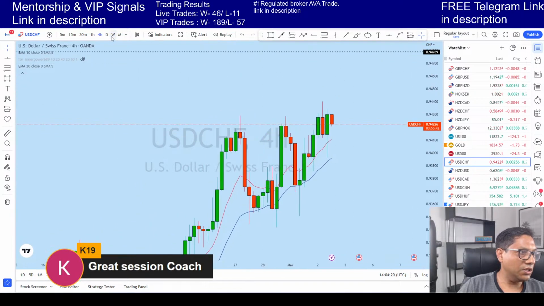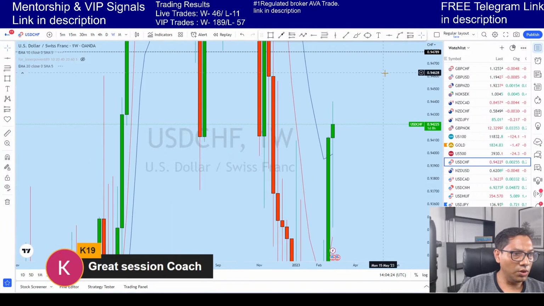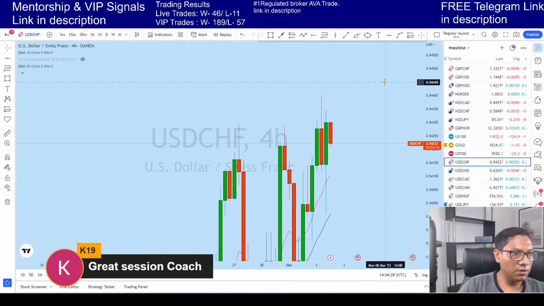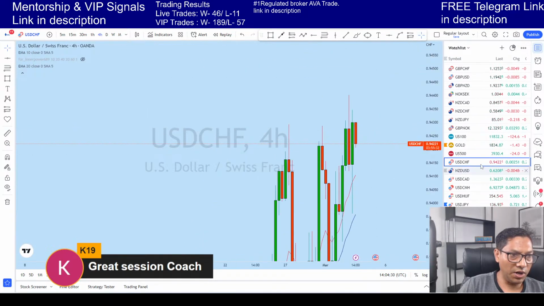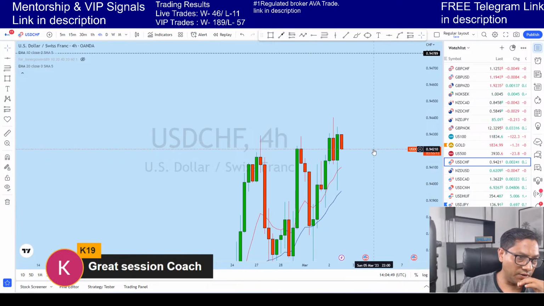Looking at USD CHF, guys, we see the daily, weekly, 4-hour. So I think it might create a false breakout on this one. This one probably created a false breakout.